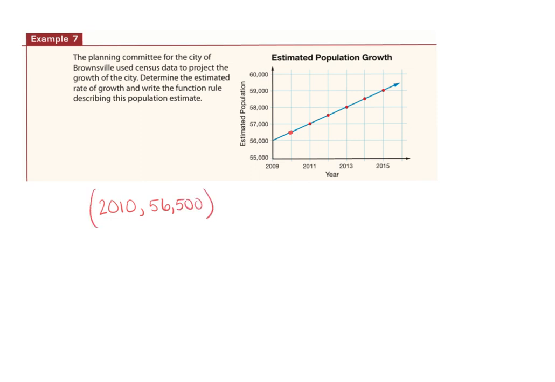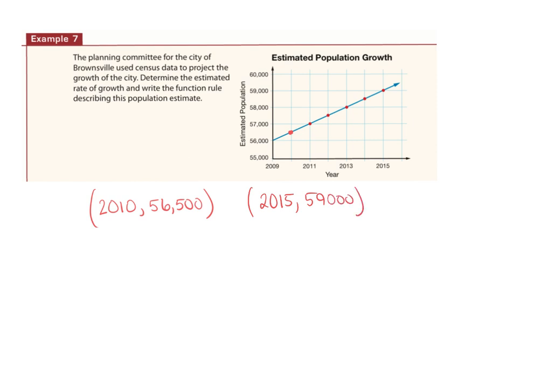And you can really pick any 2 points. This is just what they chose here. The next one that they chose was 2015, so they jumped down here and chose 2015 at 59,000. And so that's our next set of points. 2015 and 59,000.